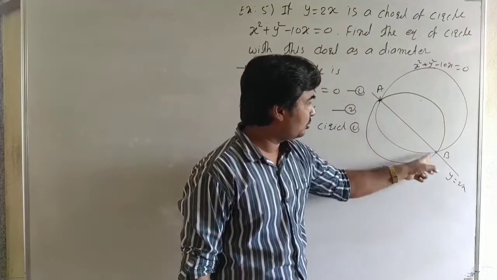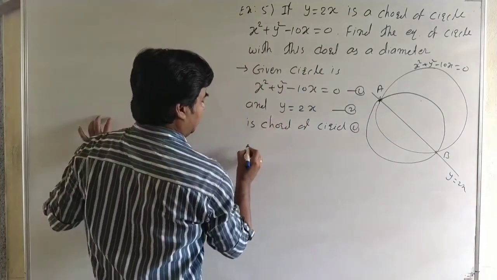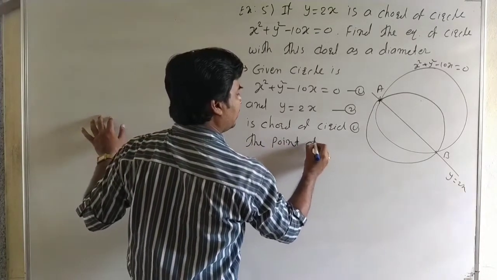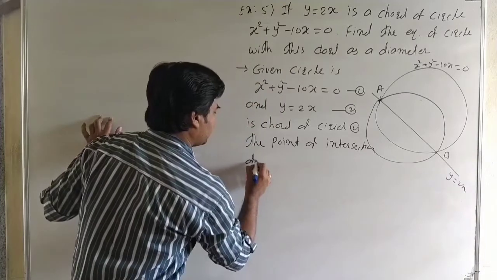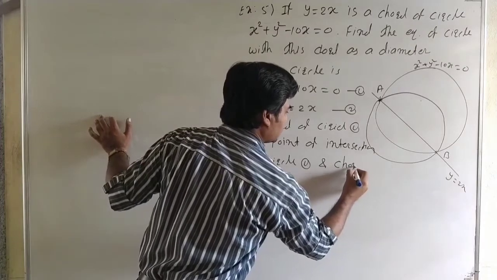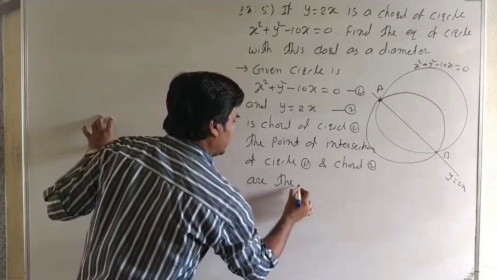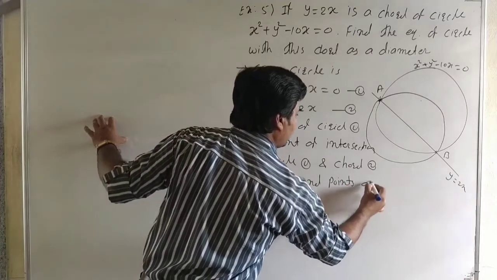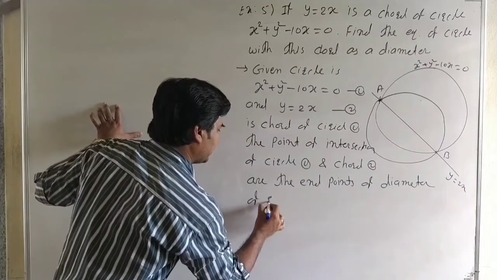Okay, first we find these 2 points, and these 2 points are the intersection of these two. The point of intersection of circle and chord are the end points of diameter of required circle.